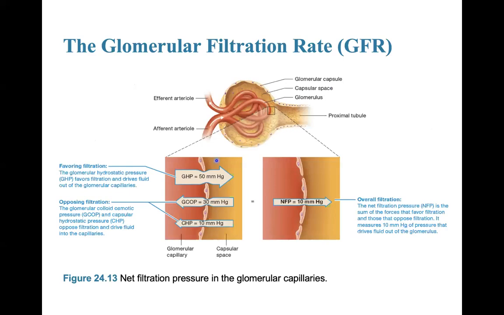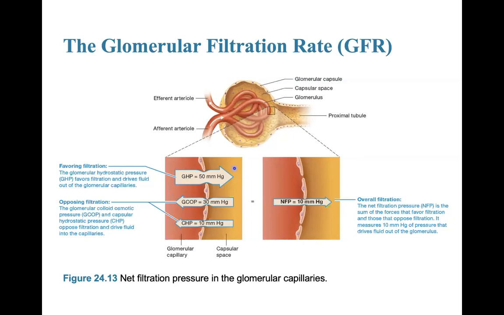So here, if you want to visualize this, we have the glomerular hydrostatic pressure in the blood vessel that's at 50. Remember that you have the albumin, which is going to create the glomerular colloid osmotic pressure, which is 30. So that's an opposing force in this direction. So now our net difference is 50 minus 30, which is 20.